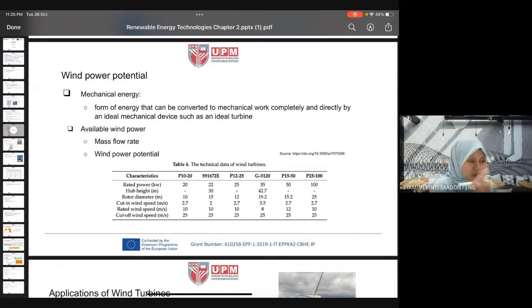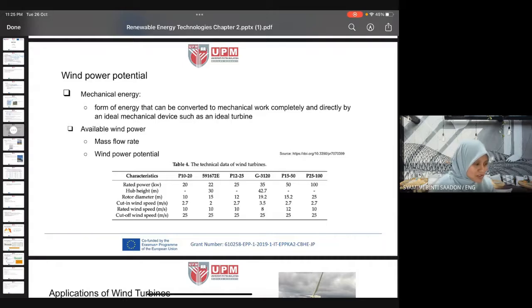The turbine extracts the energy from the fluid, which is the wind, and transfers it into mechanical work, mechanical energy. So this is the available wind power.